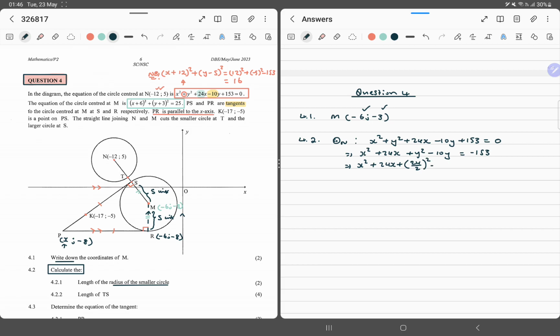And then we square it, okay? Plus y squared minus 10y, we're going to add half of 10, and then we square it. Equals minus 153 plus 12 squared plus 5 squared.